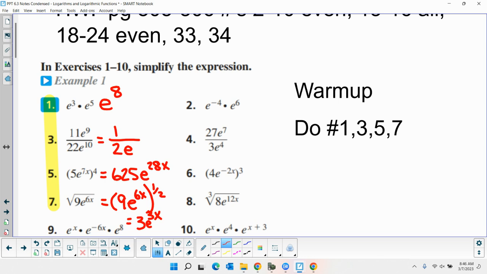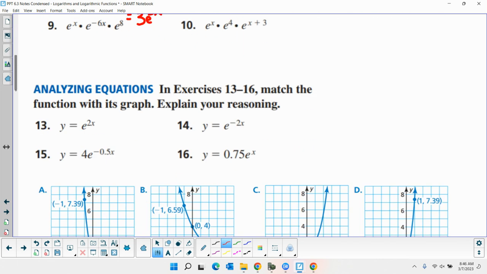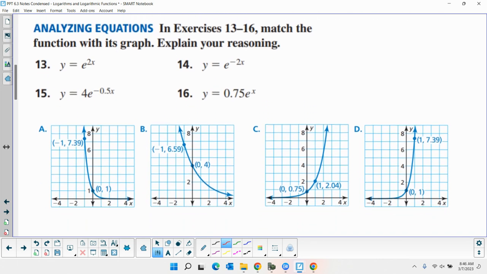We're good on those first 5? And then what did we do? We did 13 to 16. All right, so match the function with its graph. Explain your reasoning. Well, we just did it in our calculator, right? And try to match it.